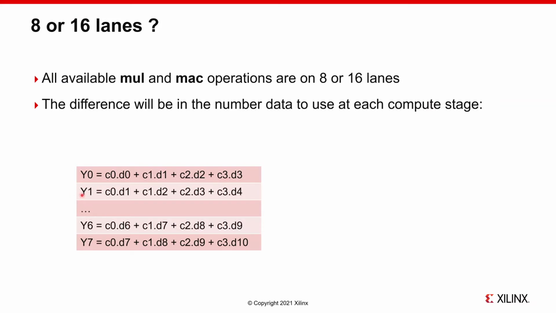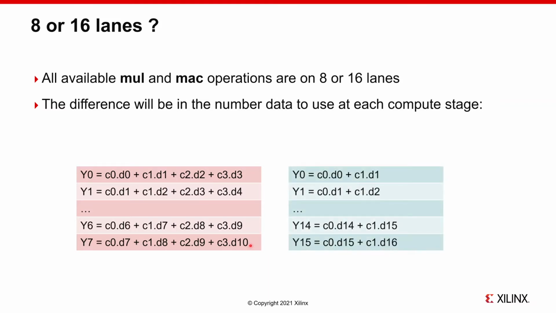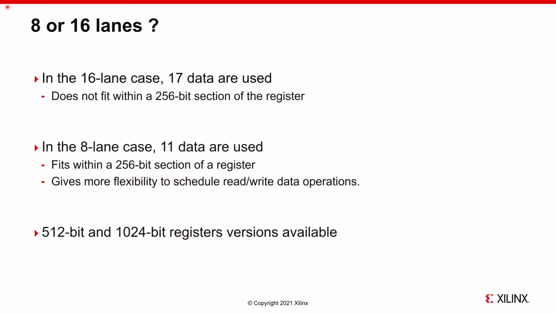For y1 you need d1 to d4, so you will reuse d1, d2 and d3. So the maximum number of data that you will have to use is from d0 to d10, so 11 elements. On the 16-lane case, you will use d0 to d16, so 17 elements. So the choice is between 11 data or 17.